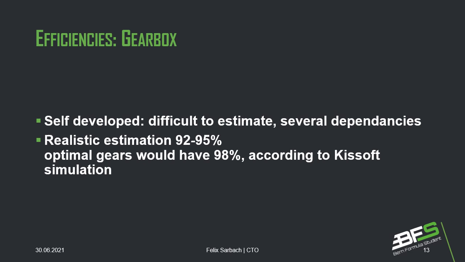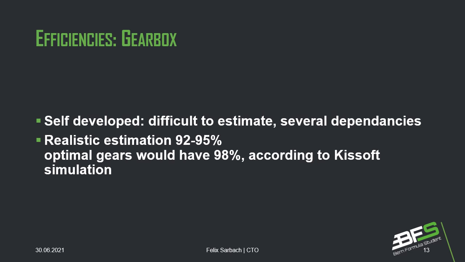We had the possibility to measure each gear separately and then pair them to each other, which gave us another 20% less friction on the gears, which means that the inefficiencies are 20% lower considering only the friction between the gears. That will give us a realistic estimation of somewhere between 92 to 95%.